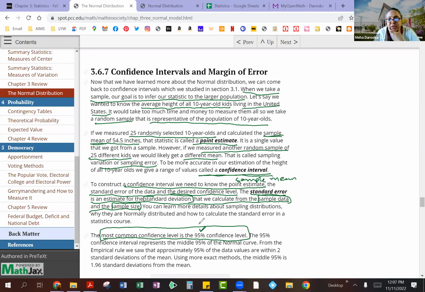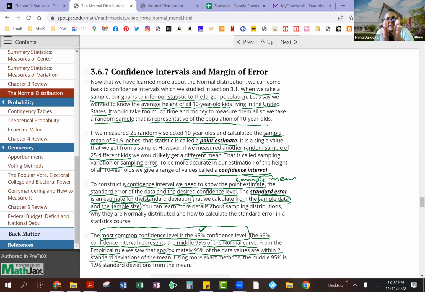So when you're working with the 95% confidence interval, remember, if you were looking at this on the normal curve, that would be the middle 95% of your normal curve. And remember, from the empirical rule, we know that's going to be 2 standard deviations within your mean, because that's your second category.